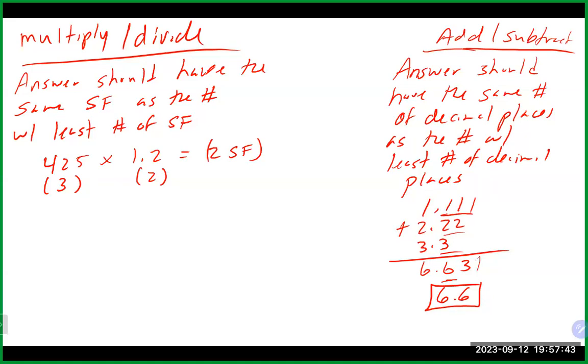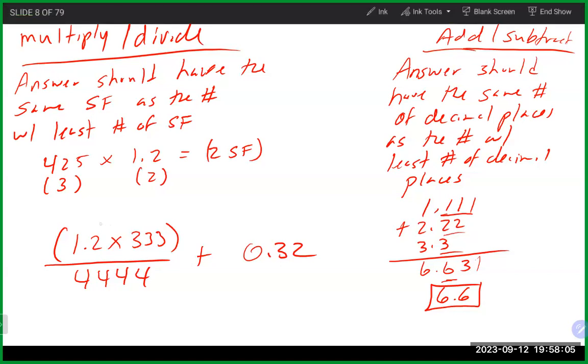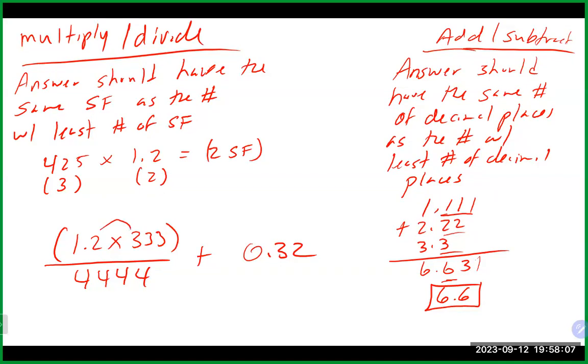If you do multiple steps together, you need to keep track of your significant figures. So if we did something like 1.2 times 333 divided by 4, and then we added 0.32 to it, right? We're doing a lot of different things at once, right? We would normally start here at the multiplication part in our parentheses. So that is 2 significant figures.